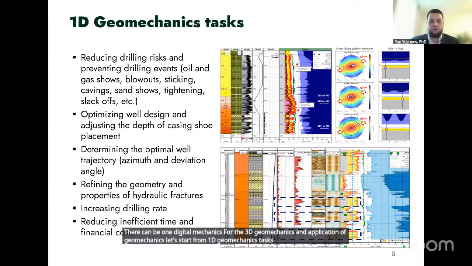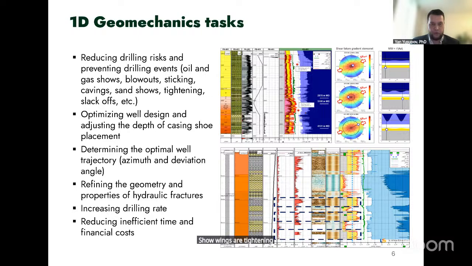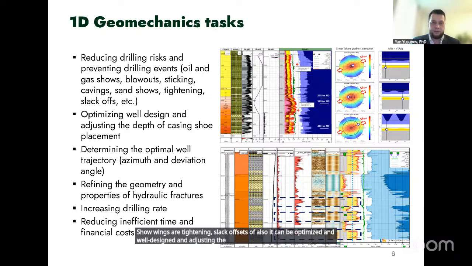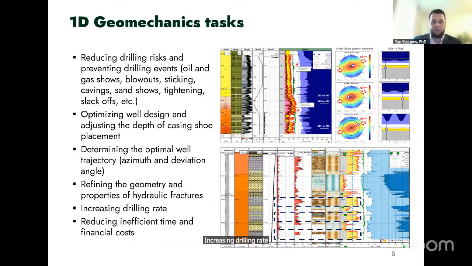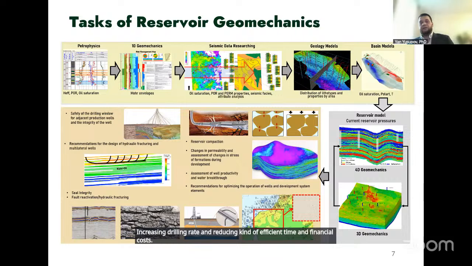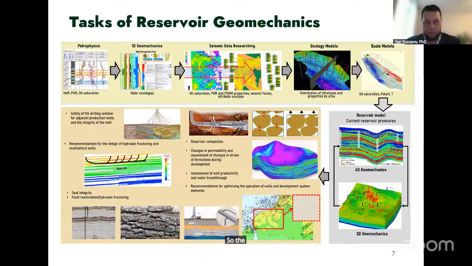From 1D geomechanics tasks, we can select reducing drilling risk and preventing drilling events, especially blowouts, sticking, caving, sand shows, tightening, slack offs, etc. Also, it can be optimizing well design and adjusting the depth of casing shoe placement, determining optimal well trajectory, refining the geometry and properties of hydraulic fractures, increasing drilling rate, and reducing inefficient time and financial costs. The common tasks of all types of geomechanics, including 1D, 3D, and 4D, you can see on this slide.